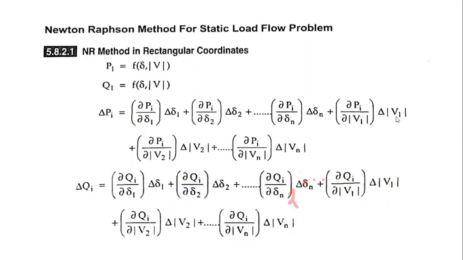Similarly, for voltages, dou Pi by dou V1 delta V1, dou Pi by dou V2 delta V2 plus and so on dou Pi by dou Vn delta Vn.